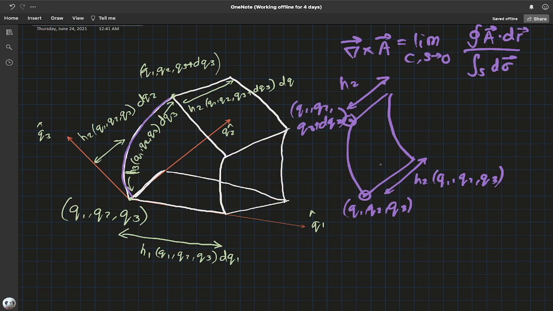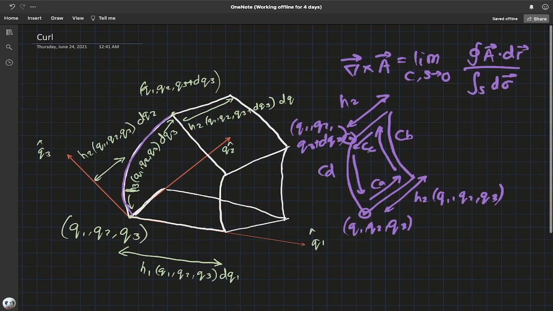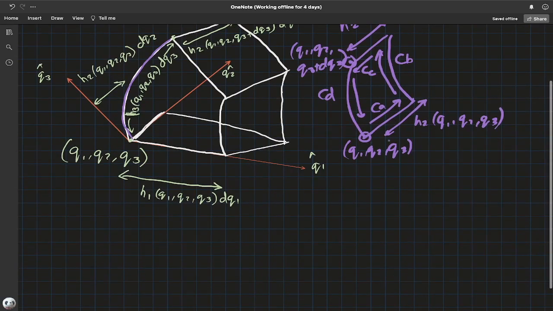And the way we're going to do this is, so this first path is CA, this path is CB, this CC, and this CD. So we're going to do a closed loop integral on this face, and then we're going to generalize this idea for many faces, because then we'll just notice a pattern.